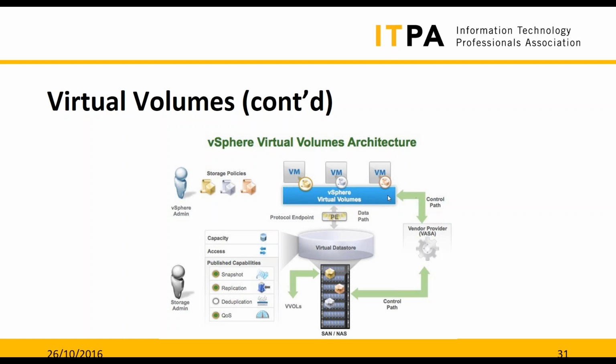And what happens is that there's a control path that runs through VASA, which then determines on which storage within your storage environment your virtual machines will be placed, or the disks within those virtual machines will be placed. As you can see here, your storage device will publish its capabilities through VASA to vSphere. So it's two-way traffic.